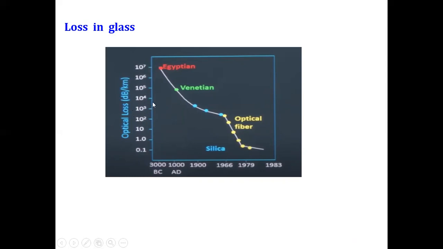When we come down to the Venetian age, the loss is about 10 to the power 5. Here the glass was almost opaque. If we look around the mid 60s, the loss was around 100 dB per kilometer.